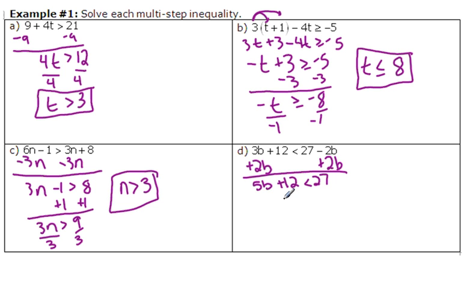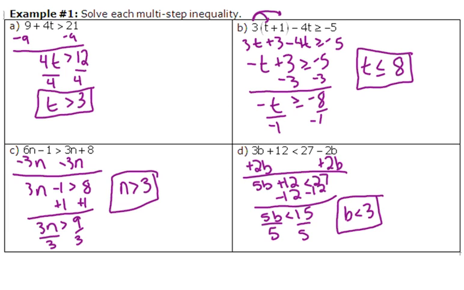From here, I'm going to move the 12, so I minus 12 on both sides. So I have 5b is less than 15. And then one last step, I divide by 5. 15 divided by 5 is 3. So b is less than 3.